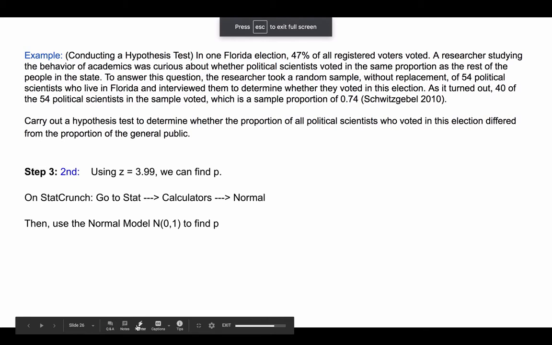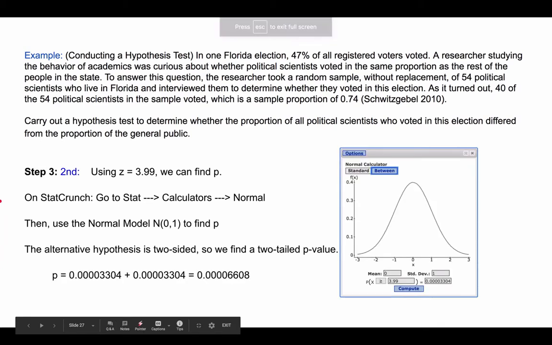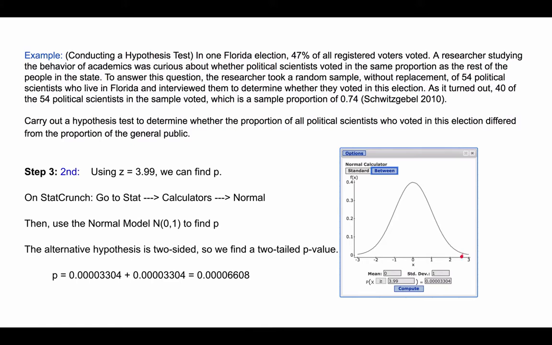Okay, so we actually just got 0.00003304 here, and that's the area underneath this curve to the right of 3.99. You can't even see it, it's too far to the right. And for a two-tailed p-value, or for an alternative hypothesis that has a not equal to sign in it, we're interested for our p-value in not only the area to the right of 3.99, but the area to the left of negative 3.99.